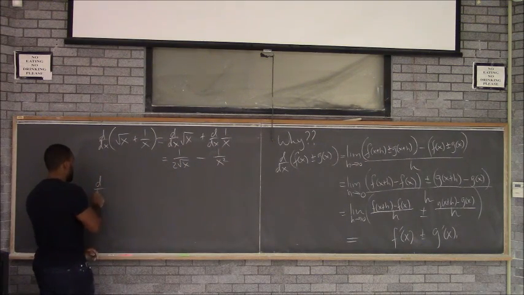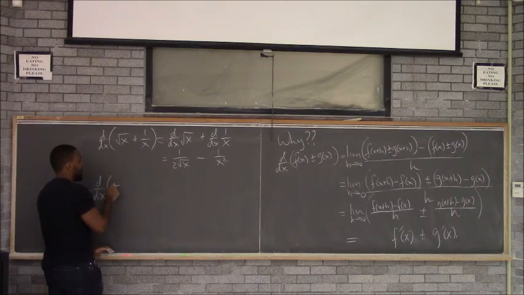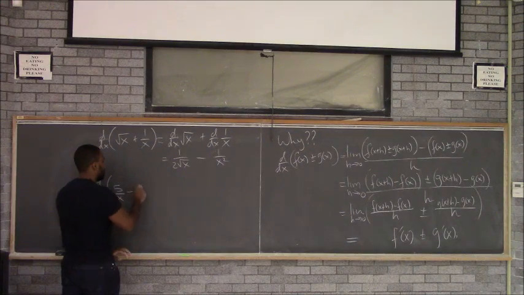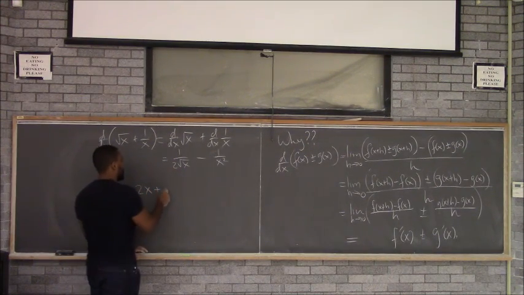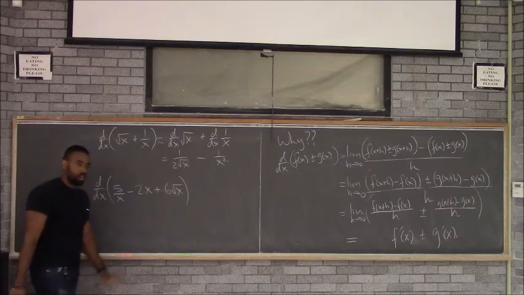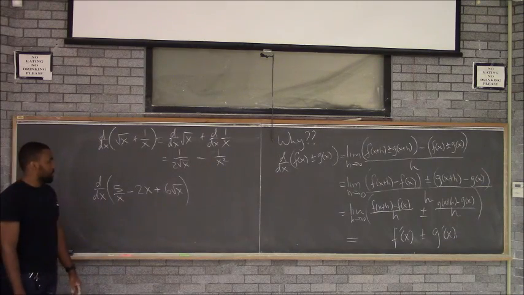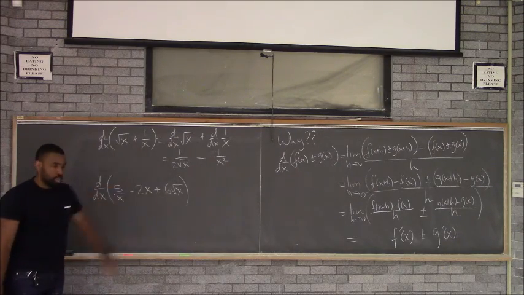As well, if I have something like 5 over x minus 2x plus 6 radical x, let's say. Here I have a sum of functions and there are constants in front.